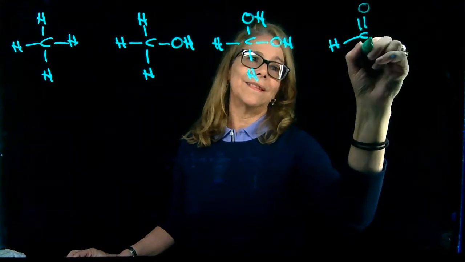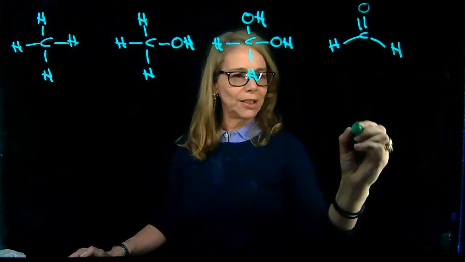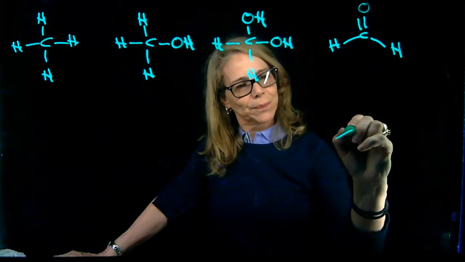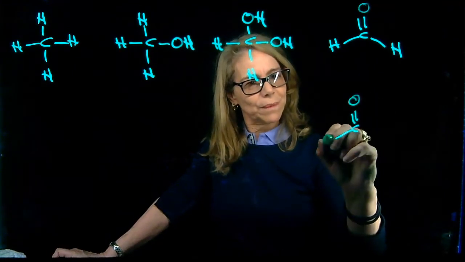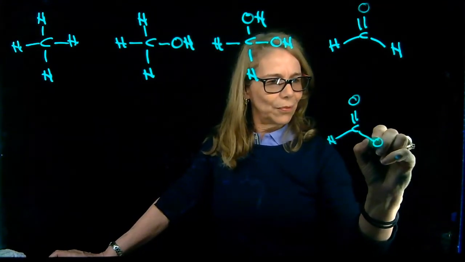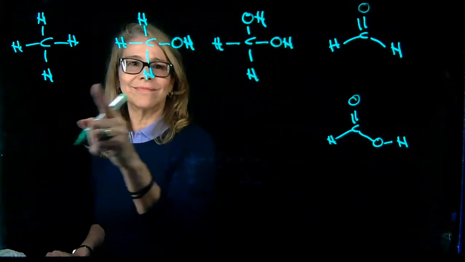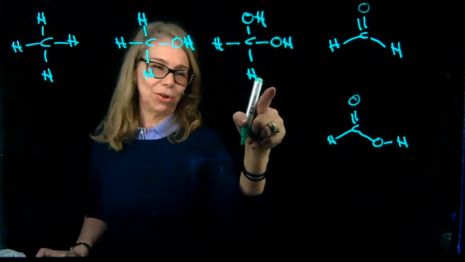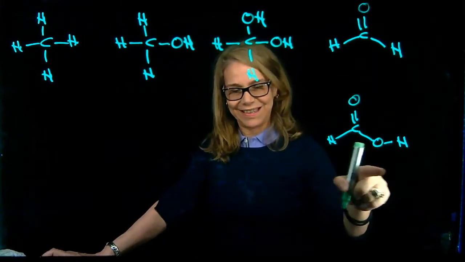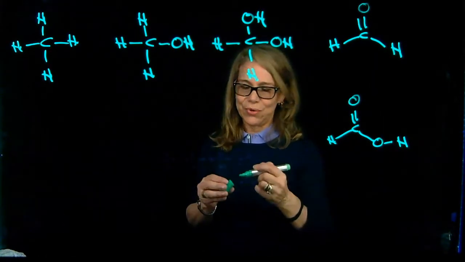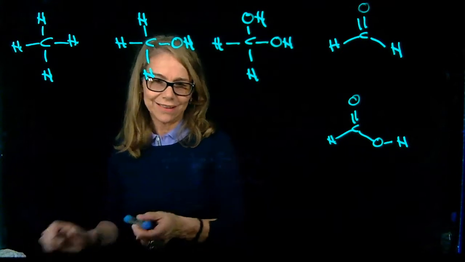This is another molecule, and now let's do one more. Here we have an alkane, an alcohol, a diol, an aldehyde, and a carboxylic acid. And we'll do the oxidation state of all that.